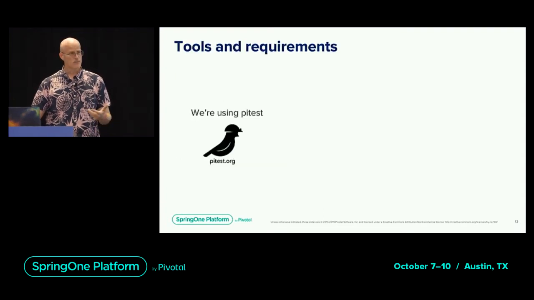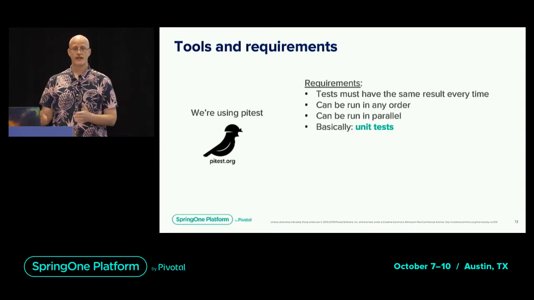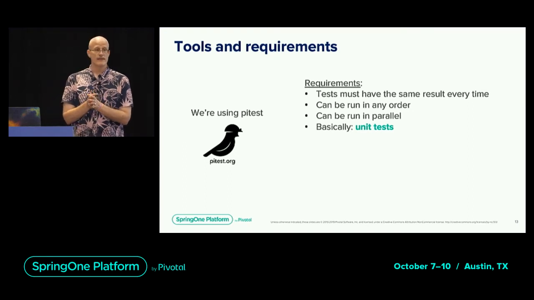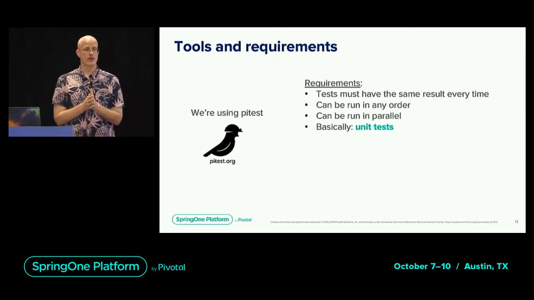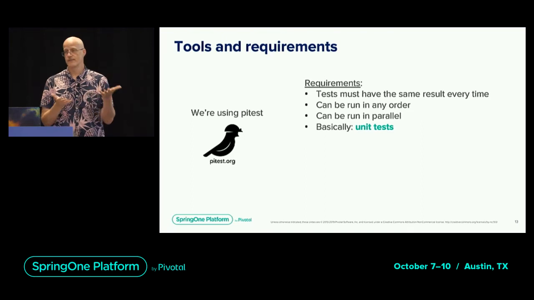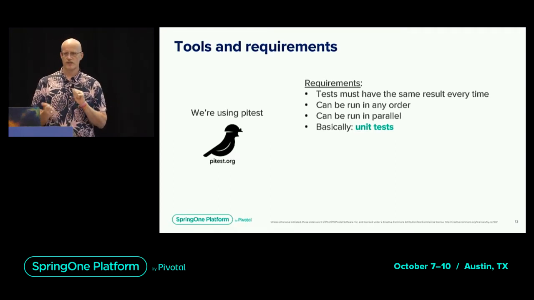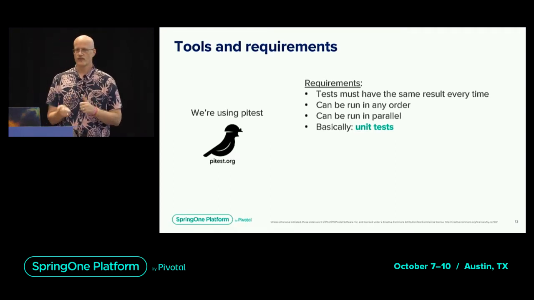So what are the tools and requirements? Well, we're using pitest. That's one framework for doing this. The requirements are that the tests have to have the same result every time. I had a method in a toy that I had built that simulated a coin flip, so it would return a Boolean, heads or tails, every time.